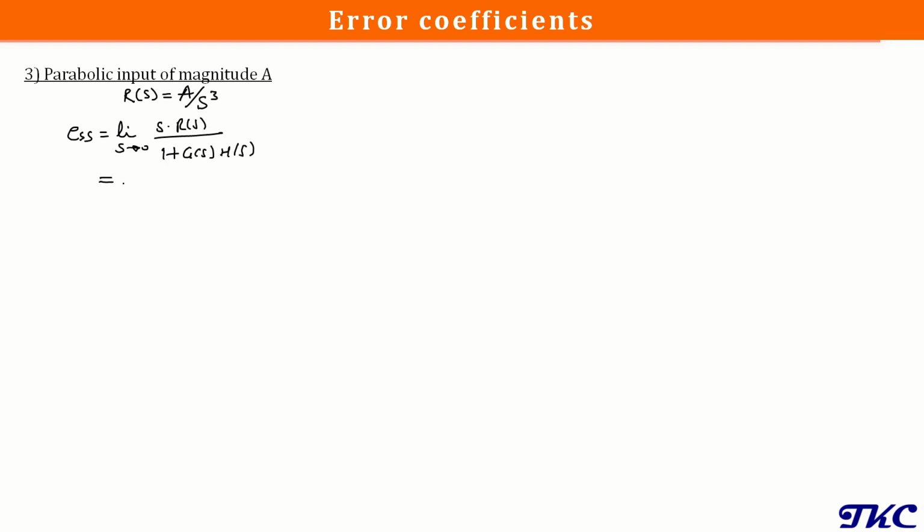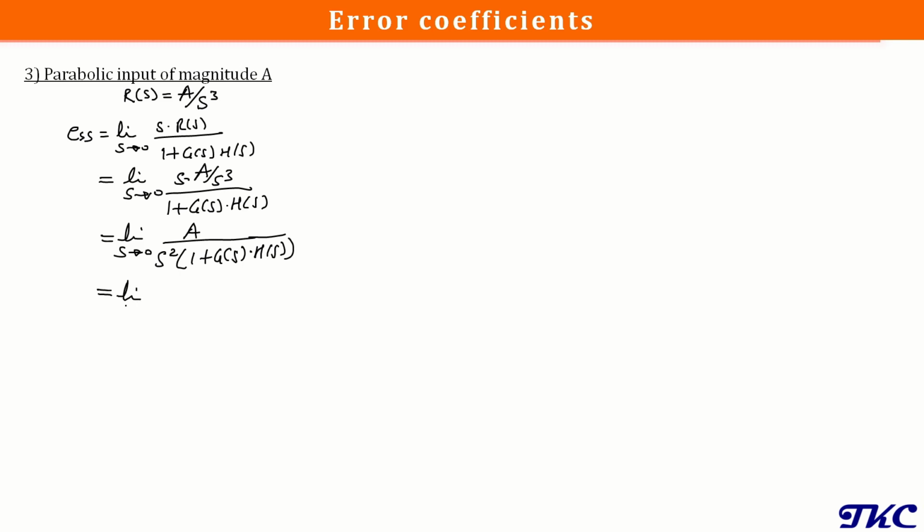Now let's substitute the input value, that is A by S cube, here. So limit S tends to 0 S into A by S cube upon 1 plus G of S into H of S. So again from this numerator and this denominator we can cancel S, and we will be left with limit S tends to 0 A by S square in bracket 1 plus G of S into H of S. Now we can multiply this S square inside for taking the limit.